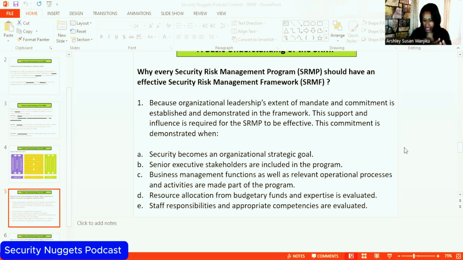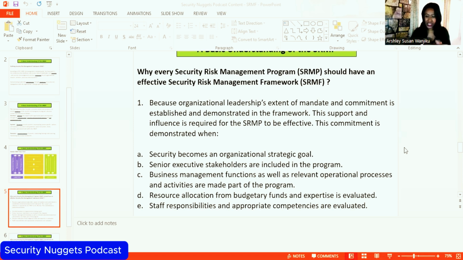Again, staff responsibilities and appropriate competencies are evaluated in the process of formulating the risk management plan and formulating the systems and subsequently proceeding to execute them. Staff responsibilities are well outlined: which staff are going to be responsible for the execution of the systems, and in their responsibilities, what exactly are they supposed to be doing?